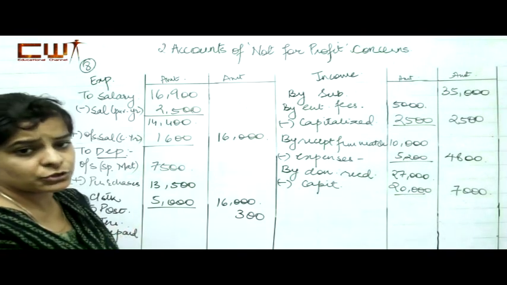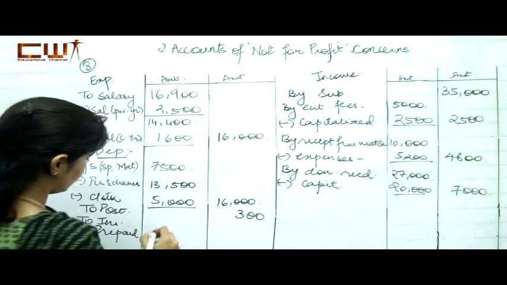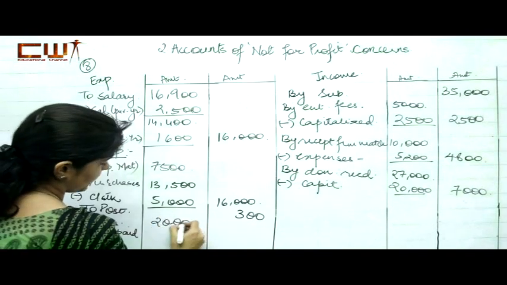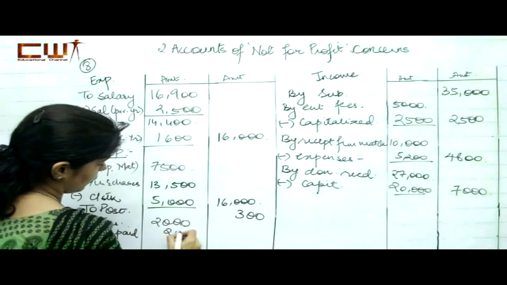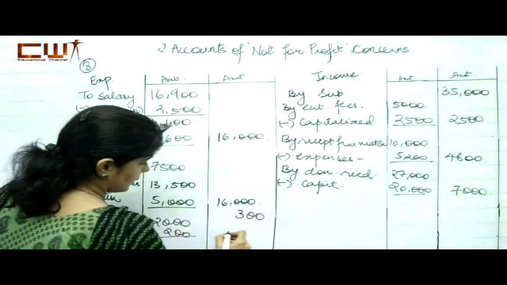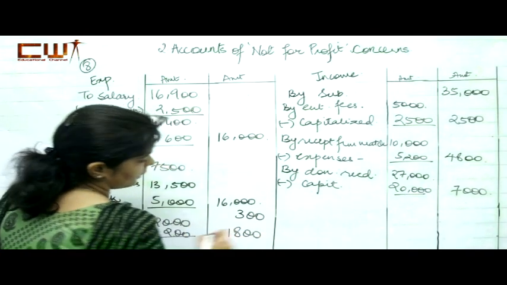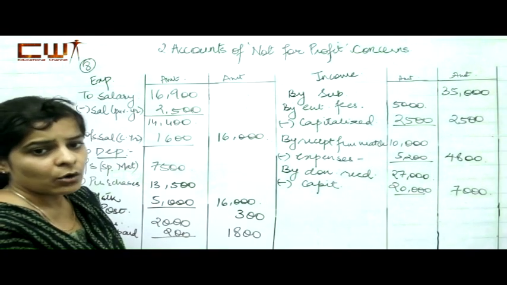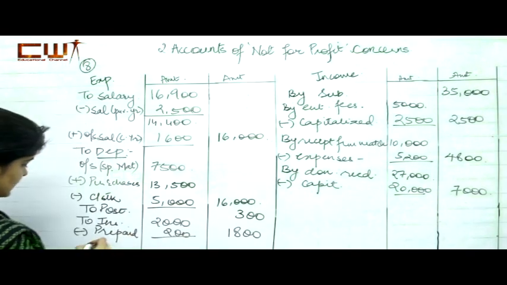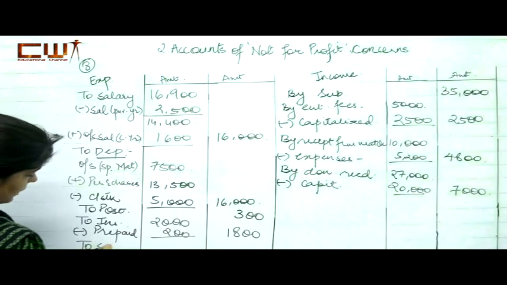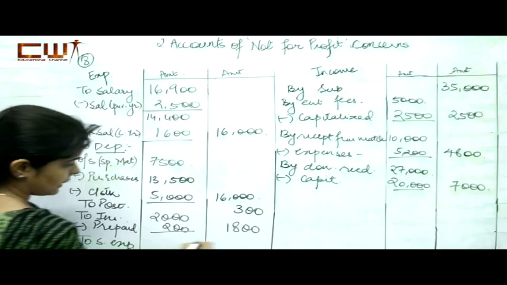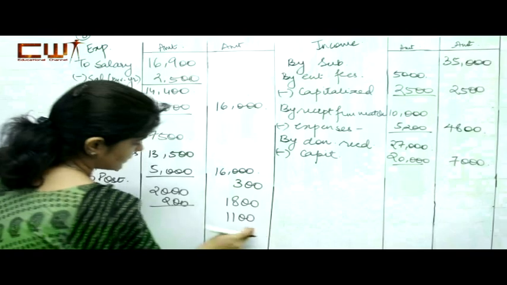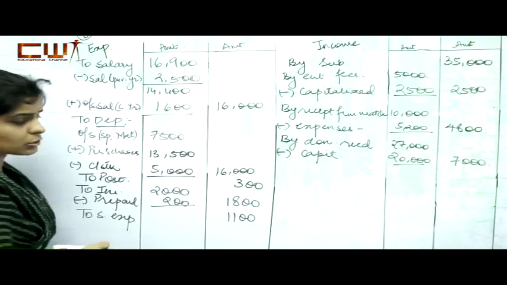Insurance given to you is 2,000, and the prepaid amount is 200. So the actual amount recorded is 1,800. Next, sundry expenses 1,100, no adjustment, so it will directly come in this column.